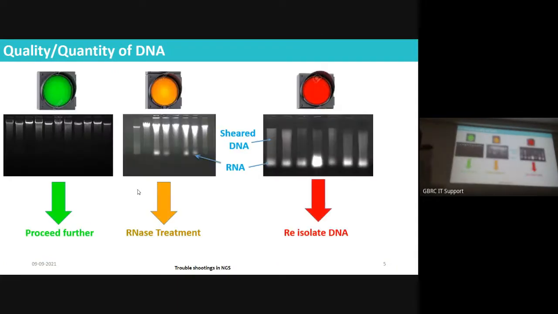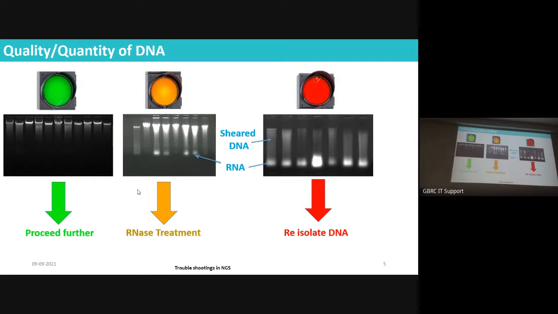So the most important step begins with isolation of nucleic acid. If you are looking at DNA, this is how you run it first on the gel. The first step you will do is to run your whole DNA on a gel. By looking at the gel image itself, along with the fluorimetric method, you can understand what the issues in your sample are.